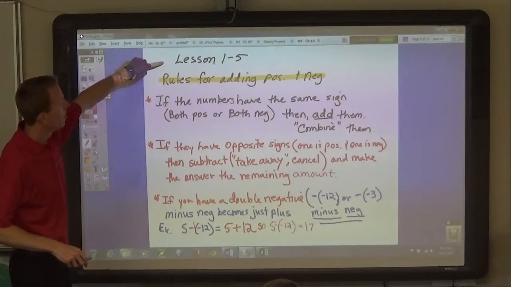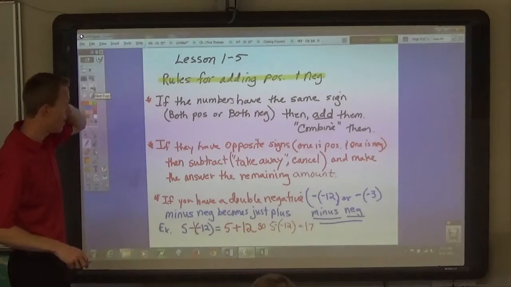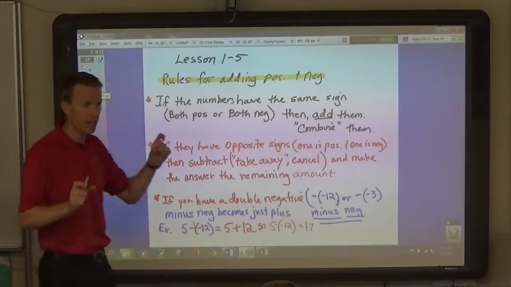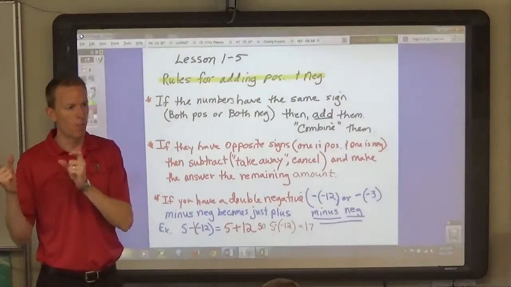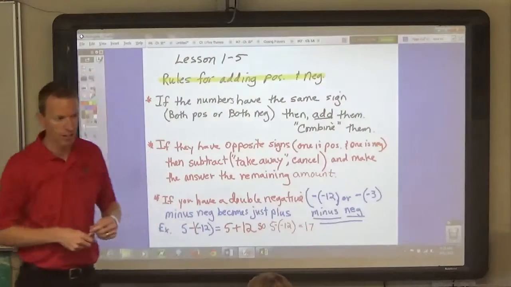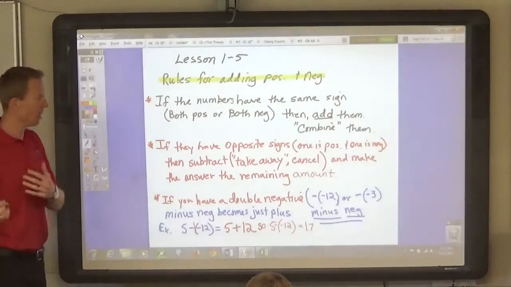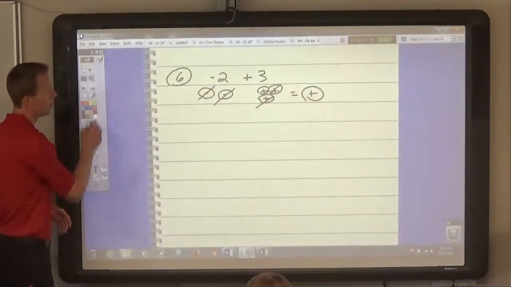How about rules for adding positive and negative numbers? If they have the same sign, you combine them. So if they are both negative, it becomes more negative. Okay? If they're both positive, obviously it stays positive. Then we went through some examples.